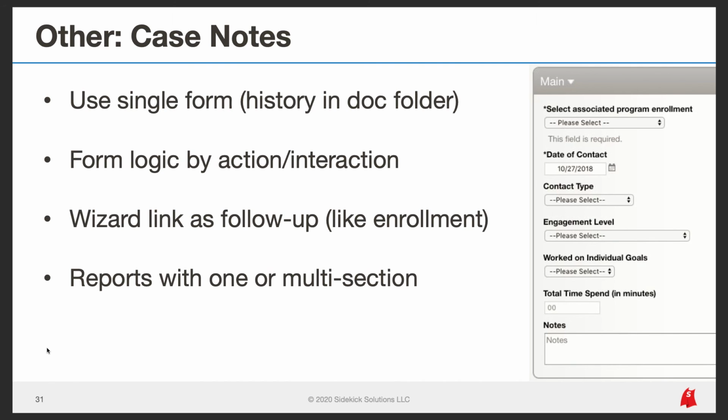Again, the benefit of consolidating notes and services or activities into a single form is that you can report on all of them in the same stack using Apricot native reports, and that can be a helpful tool for you to use in tracking a history of one client.